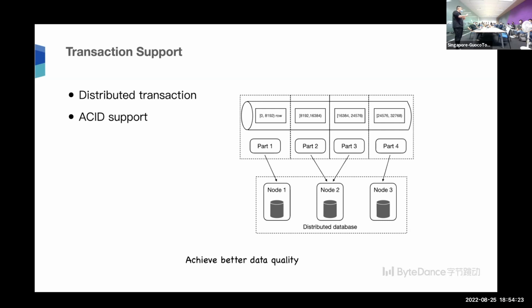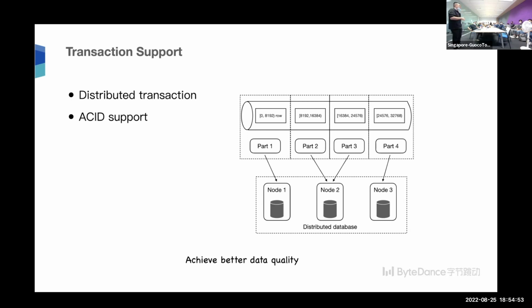You can consider it like a stream, and you wait for a batch to be full, and then you flush it down. It will split the blocks into parts, and then the parts will be written to the file system, and the metadata of those parts will be written to our catalog.